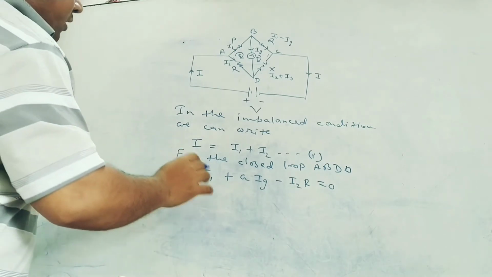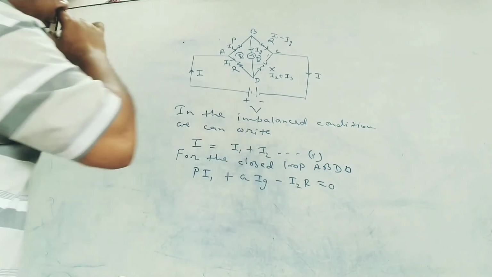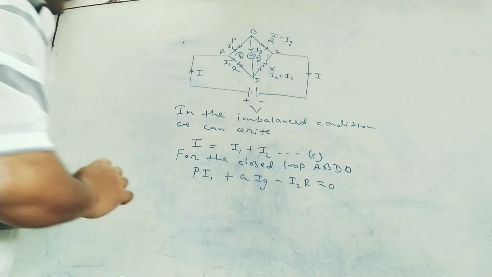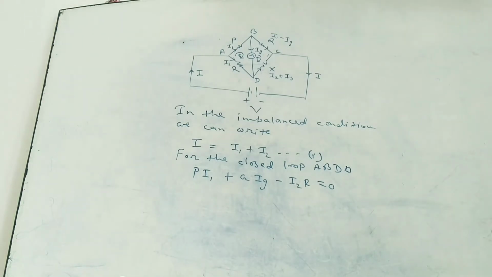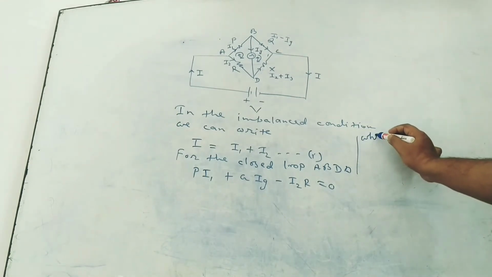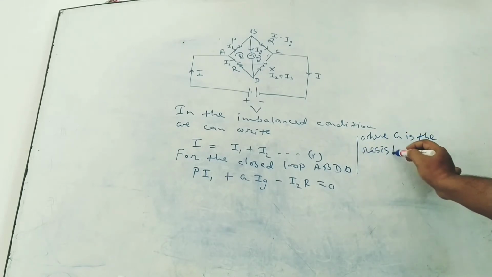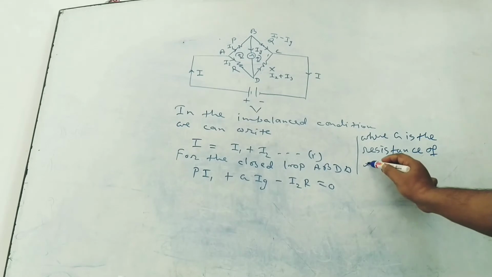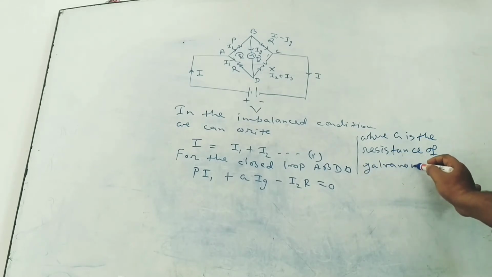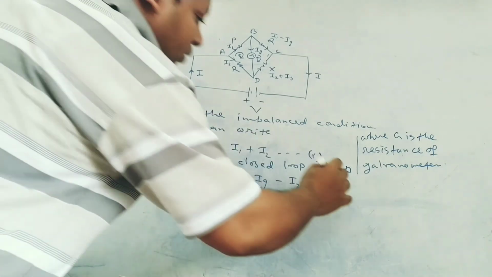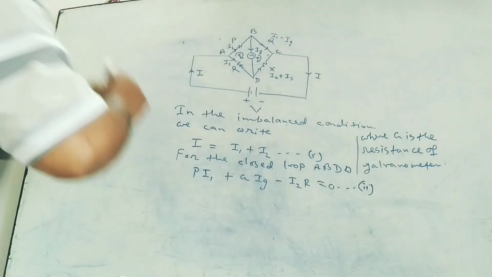That's why we consider I1 and Ig positive and I2 negative, where capital G is the resistance of the galvanometer. This is equation number 2.